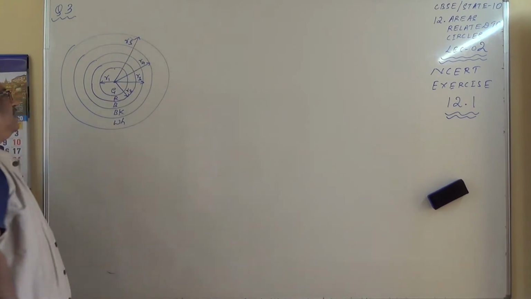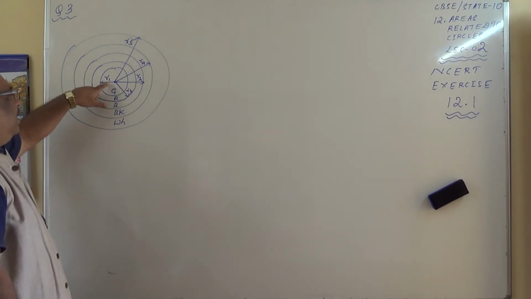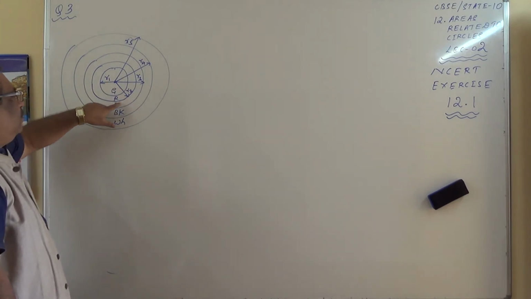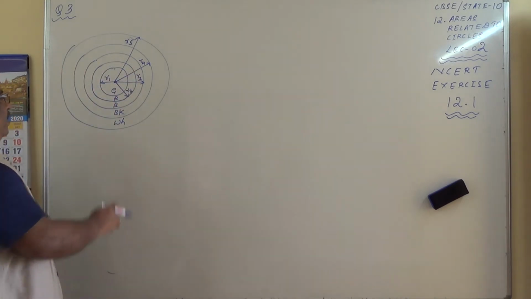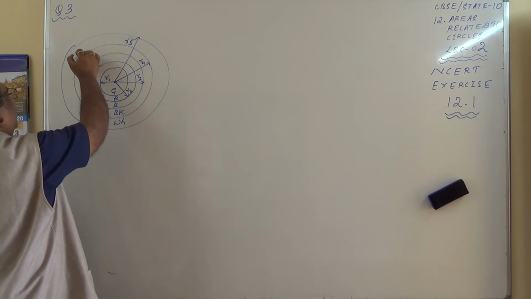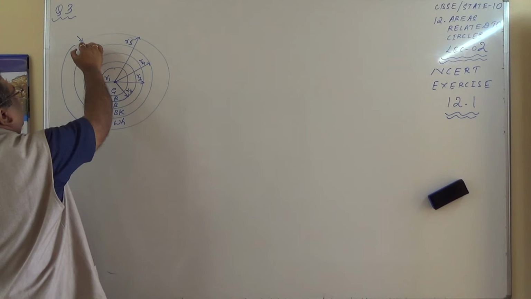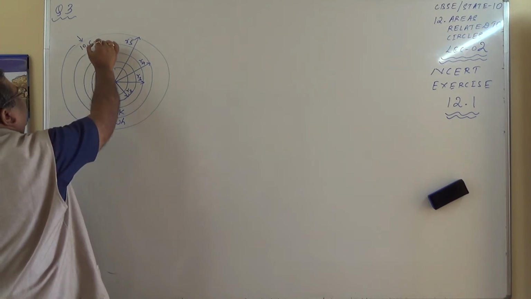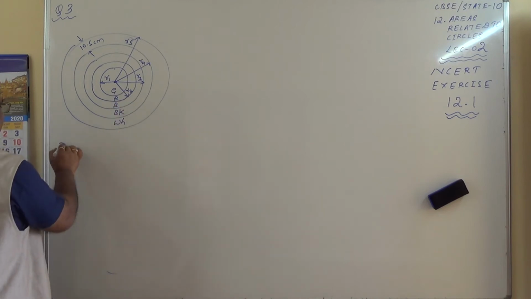I have marked the radii of different circles as R1 for gold and R2 covers up to red, then R3, R4, R5. We know that each bandwidth is also 10.5 centimeter. So let me calculate all the radii of this one first.